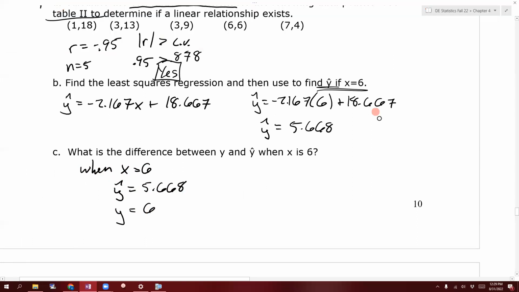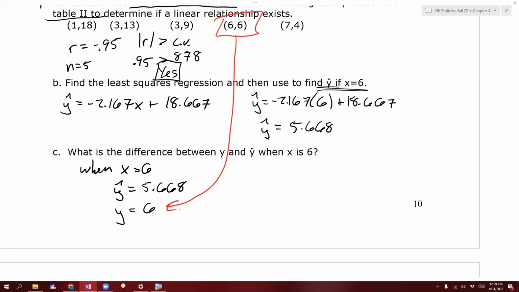And I know that because of this point here. That is an actual observed data point where x was 6 and y was 6. So that's an observation. That's why y equals 6. Y hat, my prediction, is what I get when I plug it into my equation. Y is what I actually observe. Now, in this case, I didn't actually observe it, but it was given to me. So I treat that as an observation.